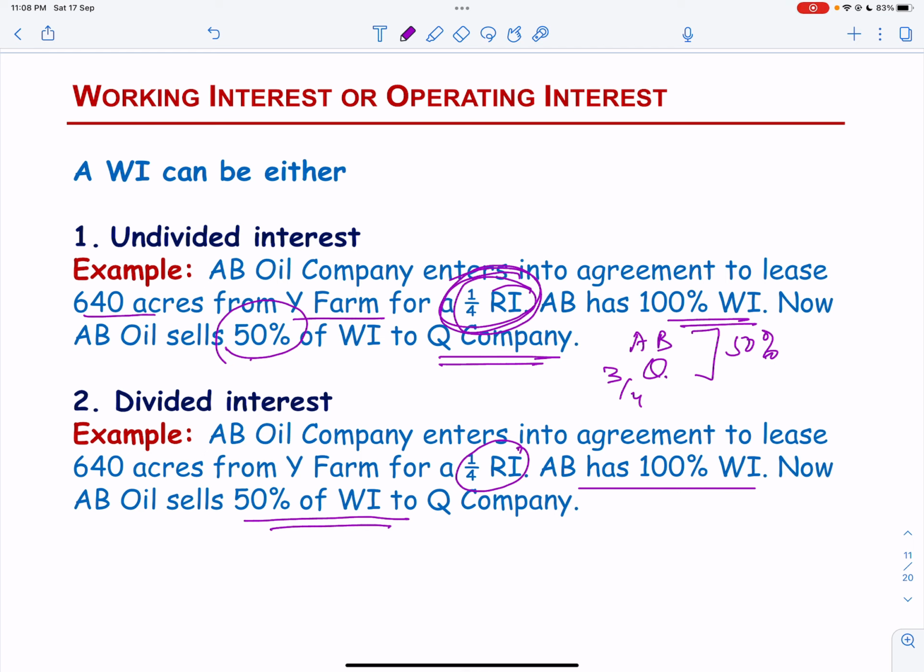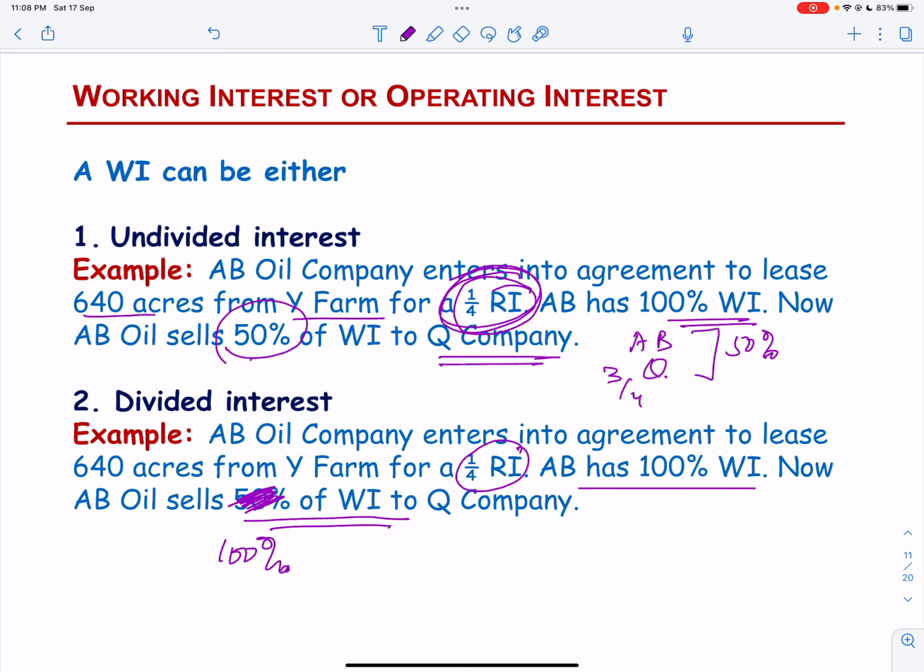So in this case, AB Oil Company sells not 50% of a working interest, but rather 100%. There is an error over here. They sell 100% of working interest in 50% of the property.